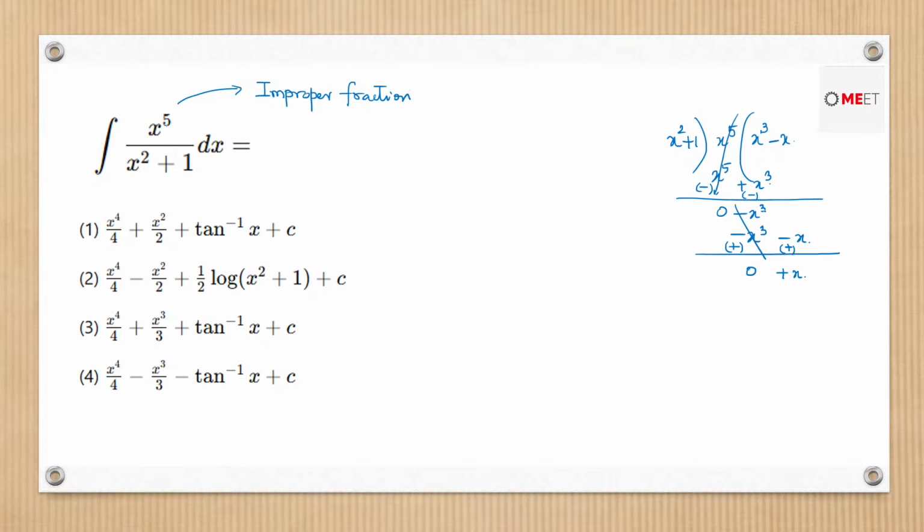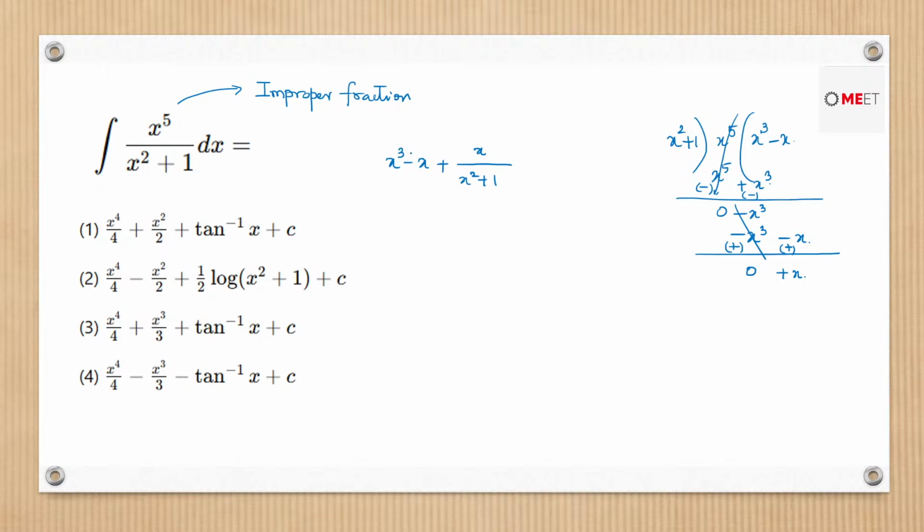So now we can convert this into a mixed fraction, that is x cube minus x, plus the remainder, that is x, divided by the divisor, that is x square plus 1. So here we need to add the plus sign in the middle.